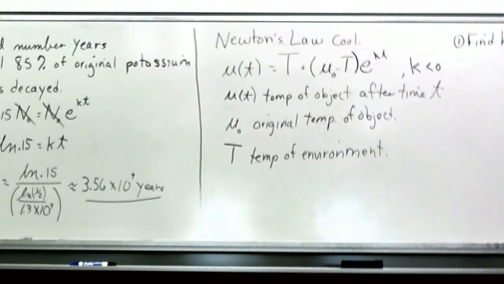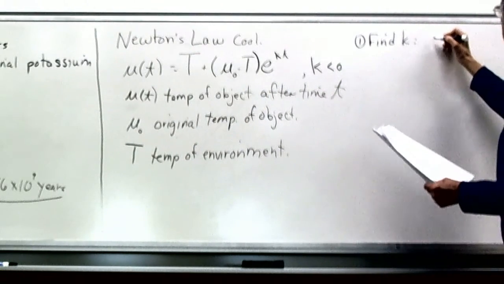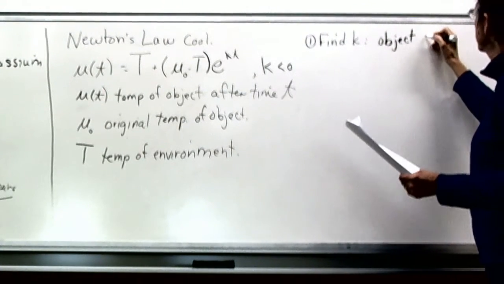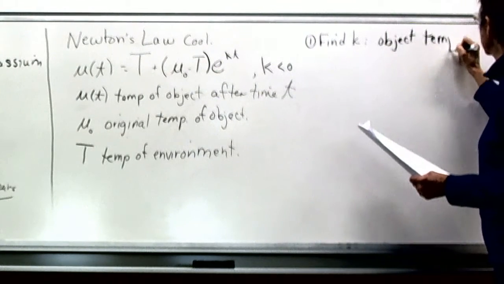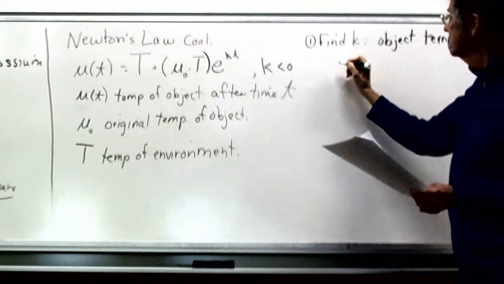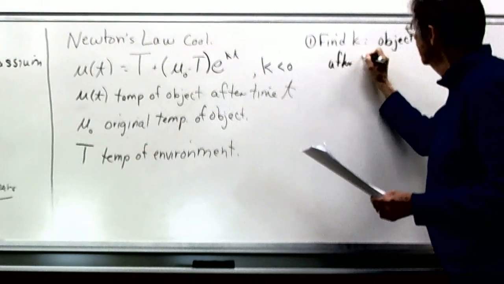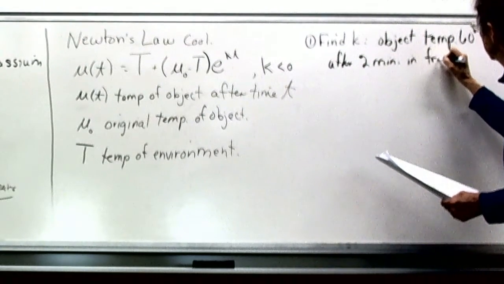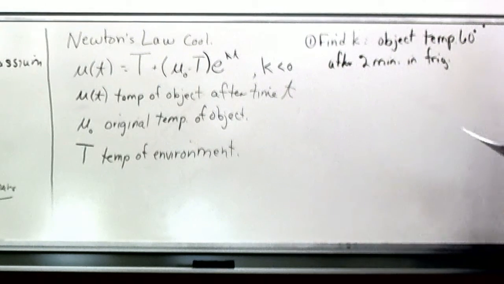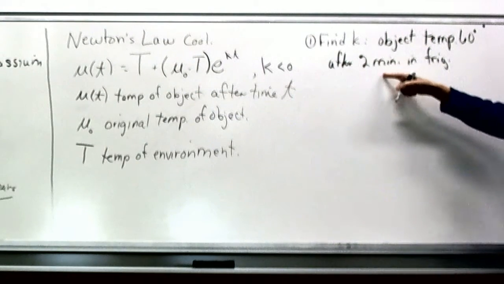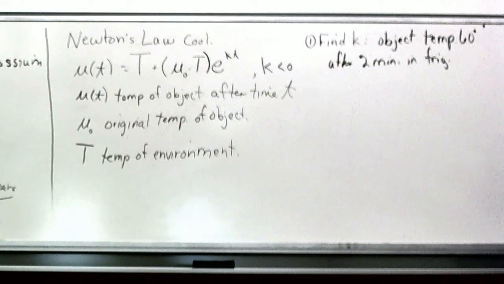And we're given enough information to do that. We know that the object that's involved has a temperature of 60 degrees after 2 minutes in the refrigerator. And I'll just abbreviate refrigerator, fridge. So this gives us a temperature and amount of time, so we can find k.